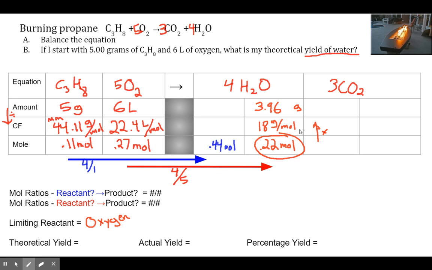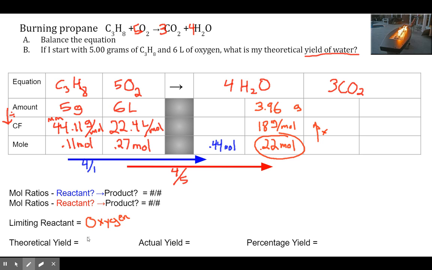And again, if we use a different conversion factor, we could calculate how many liters of water are produced or how many molecules of water if we used Avogadro's number. So there's a lot of things that we can do, but we would be able to produce only that much water. If we collected it, it would be 3.96 grams.